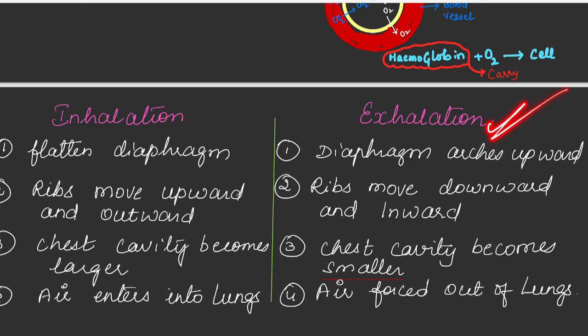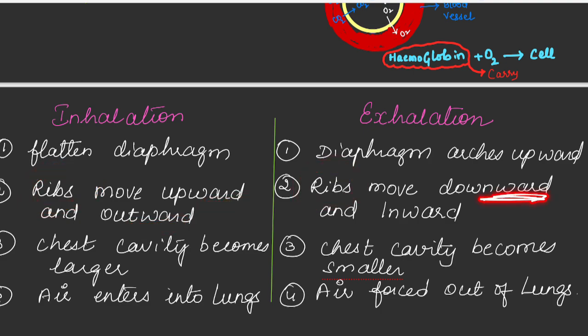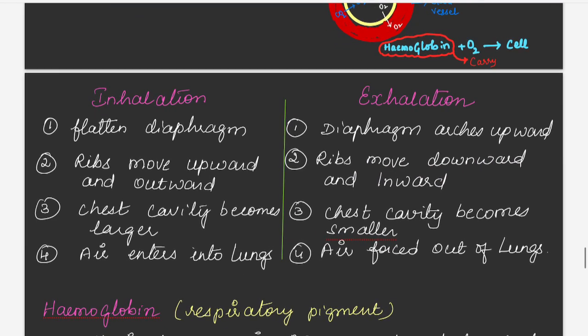And during exhalation what happens is, this diaphragm will arch upward. Arch upward means it will be like this, arching upward. And then during inhalation ribs will move upward and outward, whereas in exhalation you can see ribs will move downward and outward. And then chest cavity.